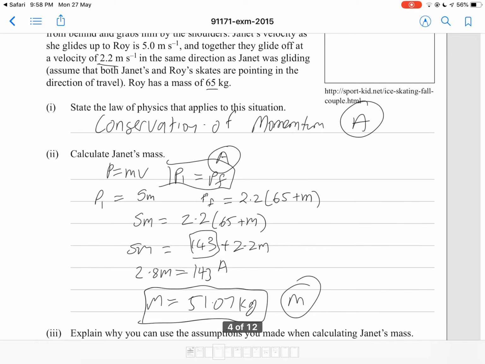Because if there was friction, then the momentum wouldn't be conserved, because conservation of momentum only applies when there are no external forces, okay? So when you're on the ice, there's no friction, it's a frictionless surface, okay? So when Janet collided into Roy, nothing was lost to friction, nothing was lost to heat and sound energy, so therefore their momentum was conserved, okay?